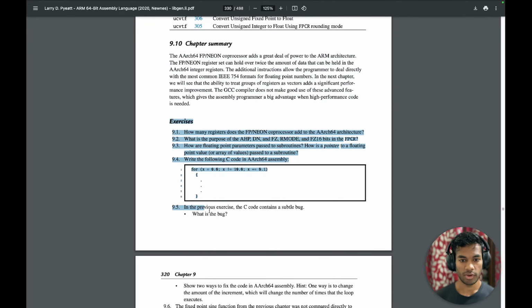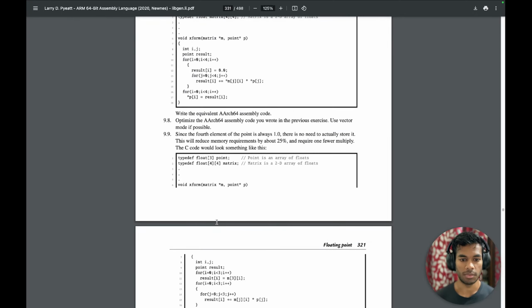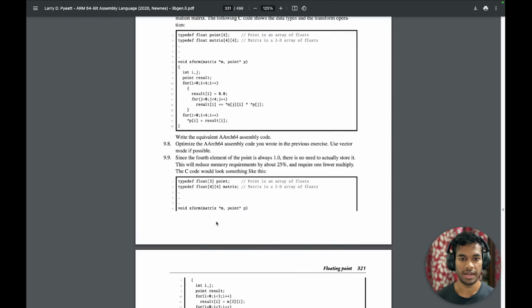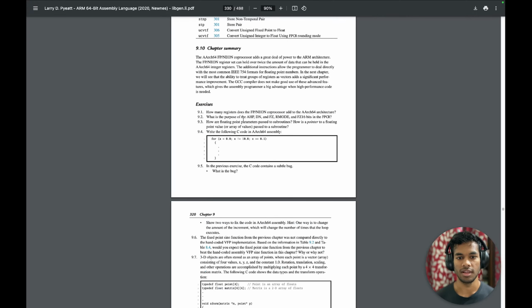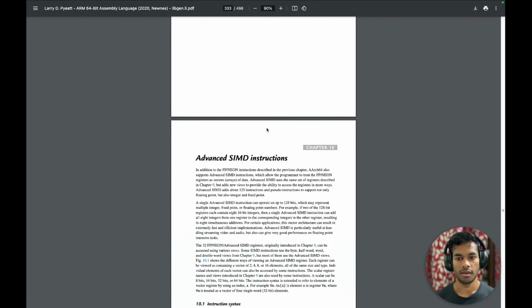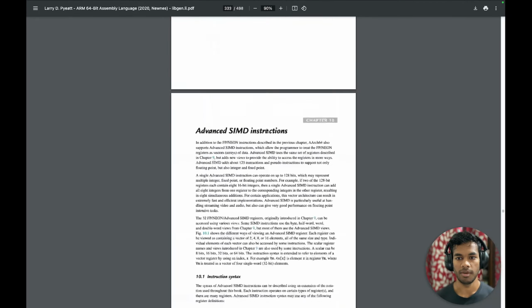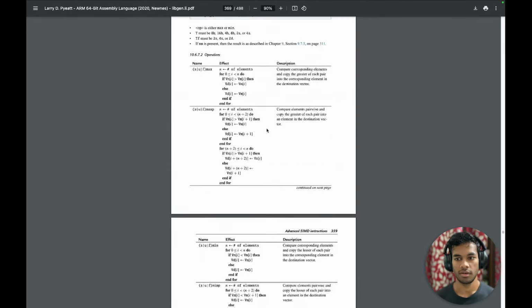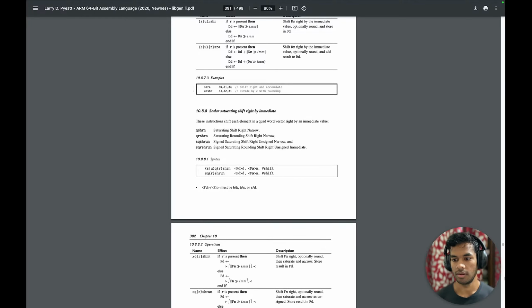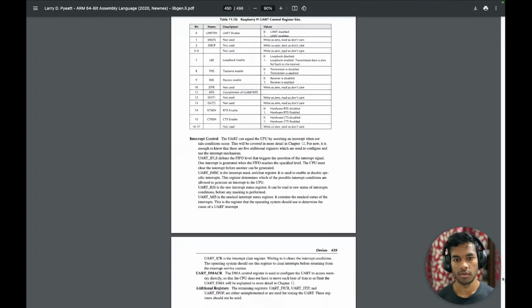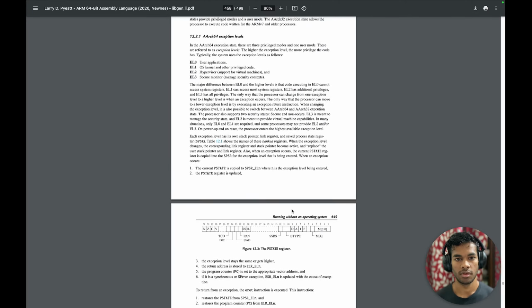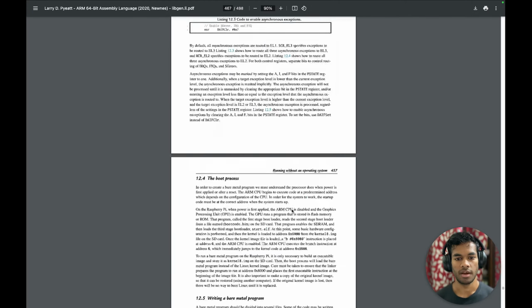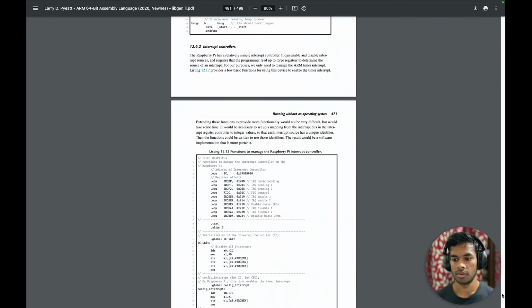But now we will do exercises. We have about 10 exercises. And how much of the book is left? Let me see. We are, let's say, at page number 320, and this is part of the chapters. I can go to the index.